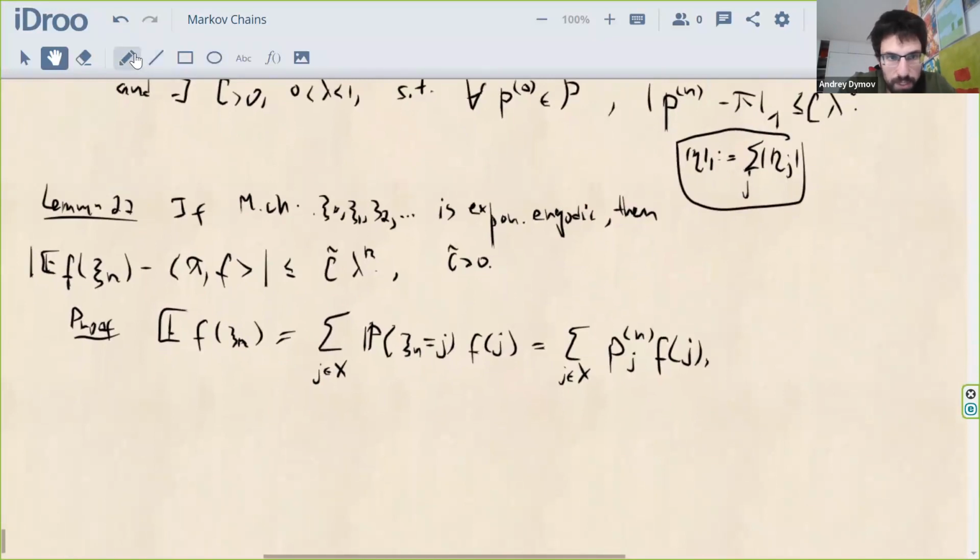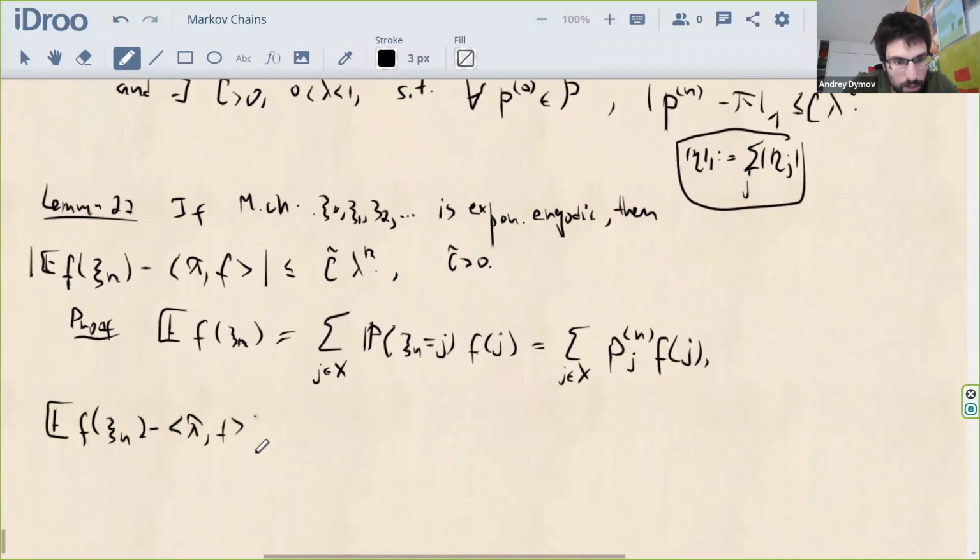More precisely, if I write down the difference I am interested in, then I get the sum over all states J of Pjn times f of J, minus the same summation where instead of Pjn you put the components of the vector pi.